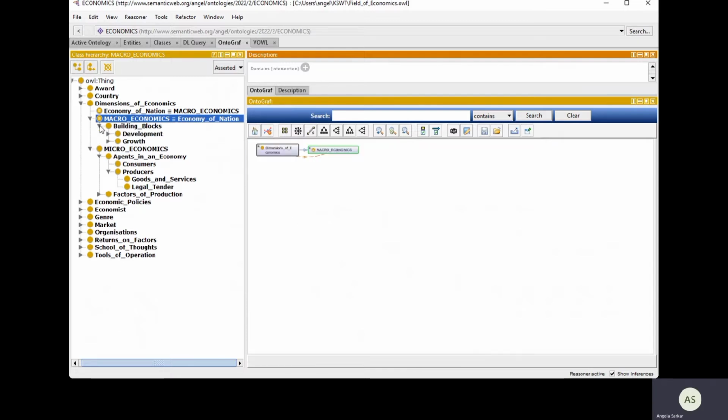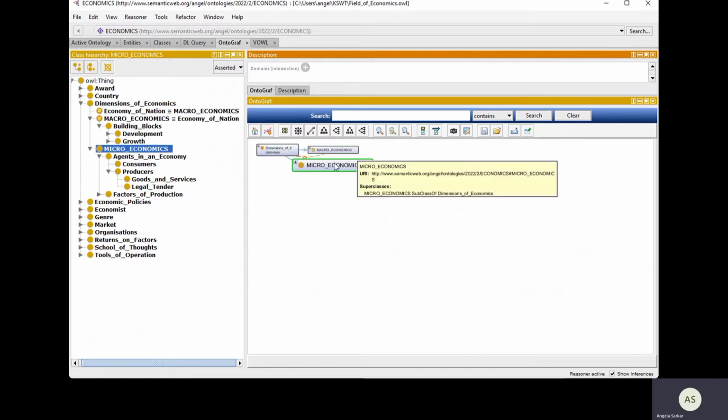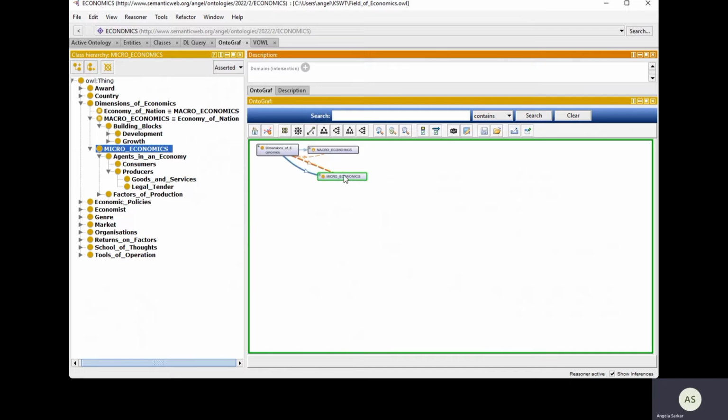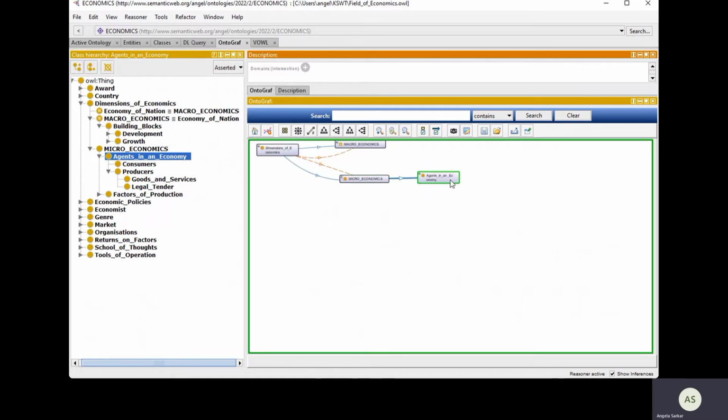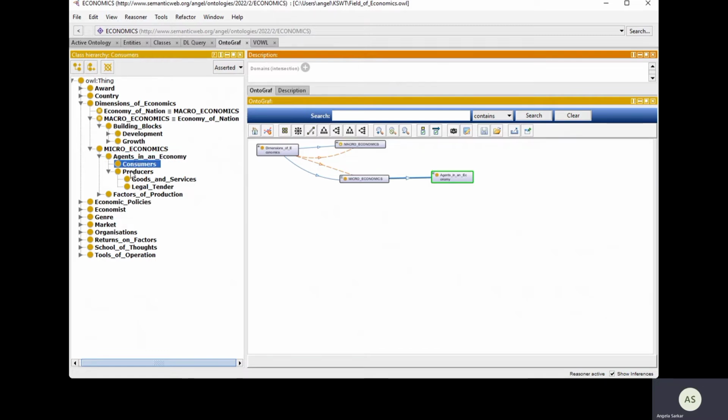Then let's have a look at microeconomics first, since both of them are the branches of economics. Then let's look at agents in an economy, focusing on microeconomics first. And then you have consumers, you have producers.